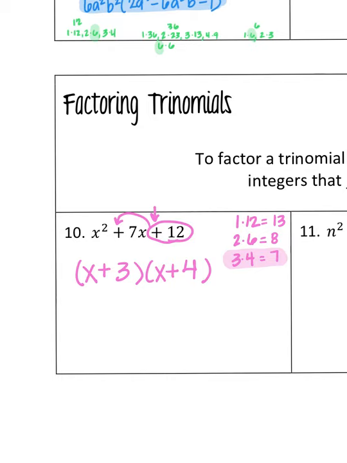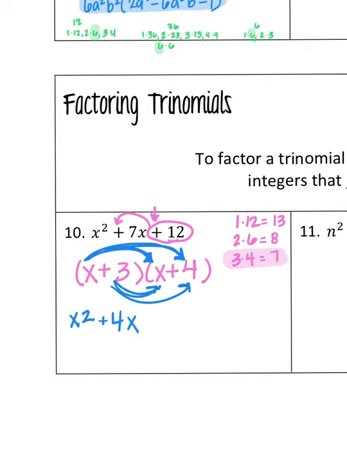Okay, we can check ourselves by we can FOIL. And that's when we multiply. So we have x times x is x squared. I got that by multiplying the first two terms. Then I multiply x times 4, and I get 4x.